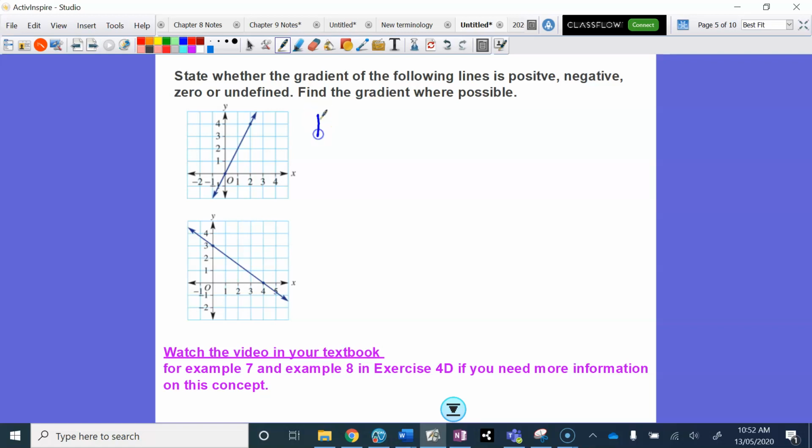So this one is positive. Again, if you were looking at that second example, you can draw a capital N on there. N for negative, so straight away this one's negative. Occasionally you'll see one that is flat or one that is vertical, and those two are either zero or undefined.